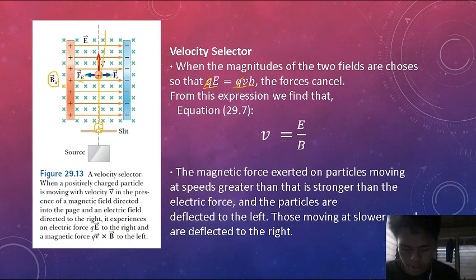The magnetic force exerted on particles moving at greater speeds than that is stronger than the electric force, and the particles are deflected to the left. So if the magnetic force is stronger than the electric force, the particles move to the left, which is reasonable because when the force is stronger on this side, it will go there. But if the particles move at slower speeds, they are deflected to the right.